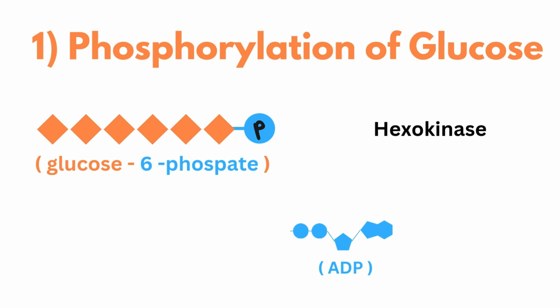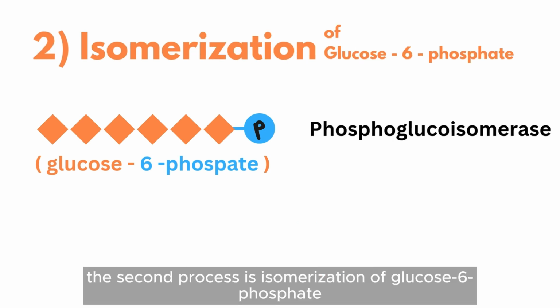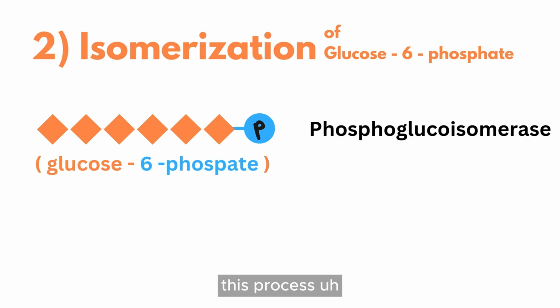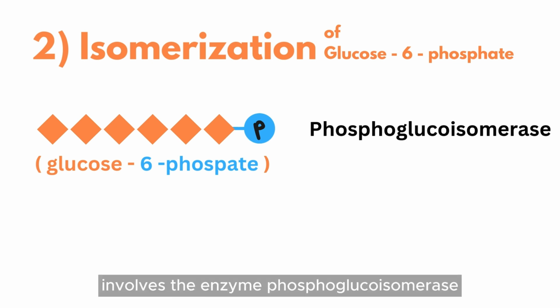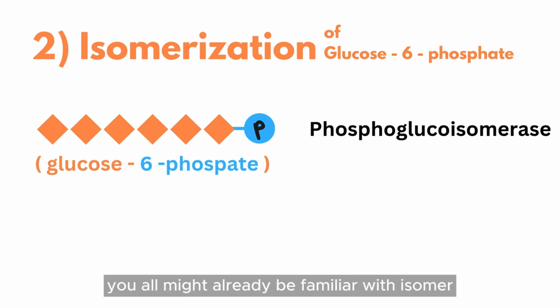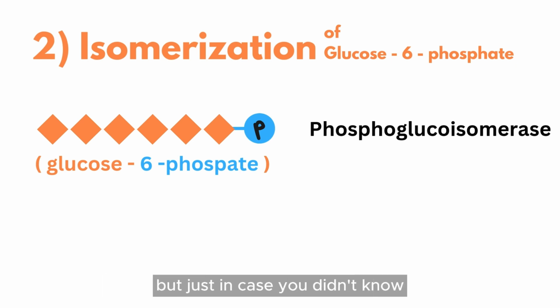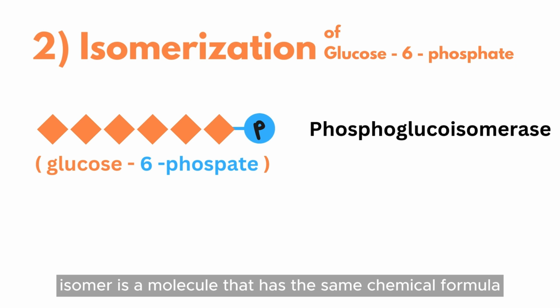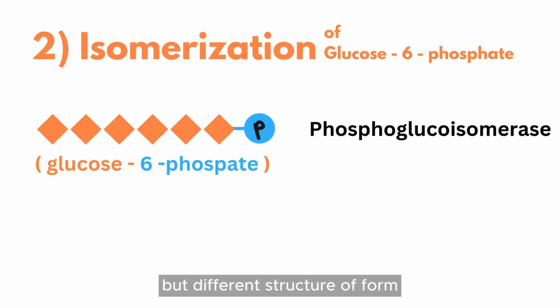The second process is isomerization of glucose 6-phosphate. This process involves the enzyme phosphoglucoisomerase. I think at this point you might already be familiar with the word isomer, but just in case you didn't know, an isomer is a molecule that has the same chemical formula but a different structural form. It is still the same molecule but in a different shape.